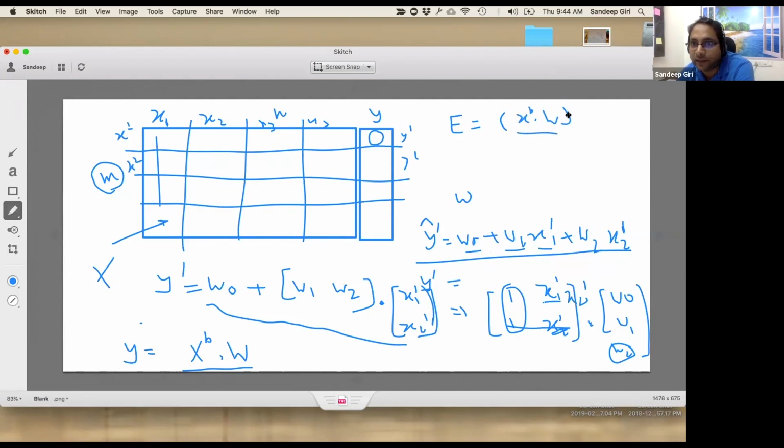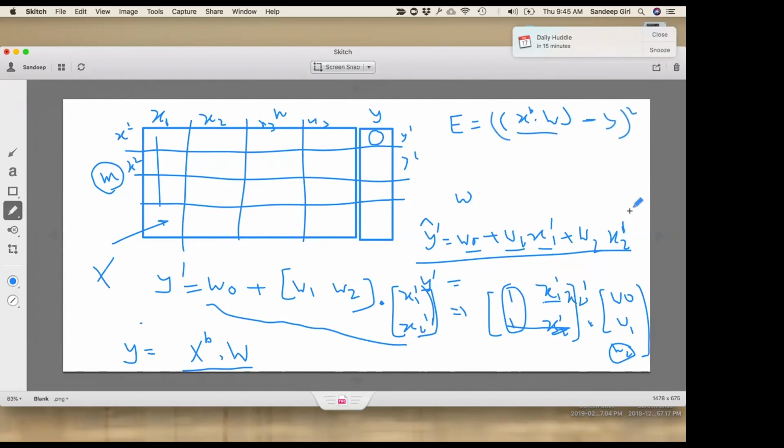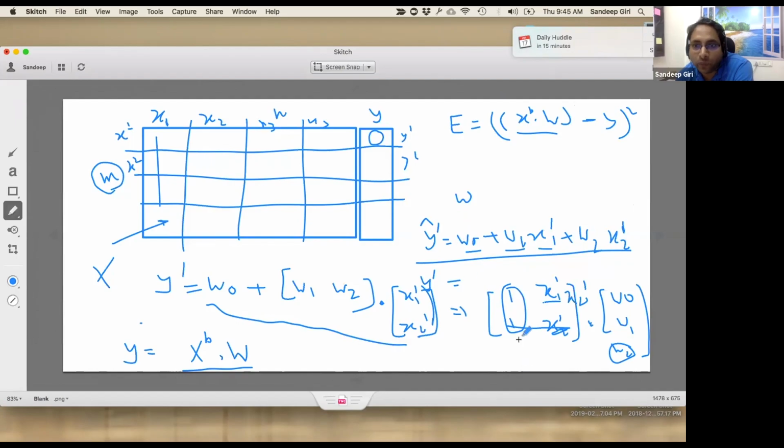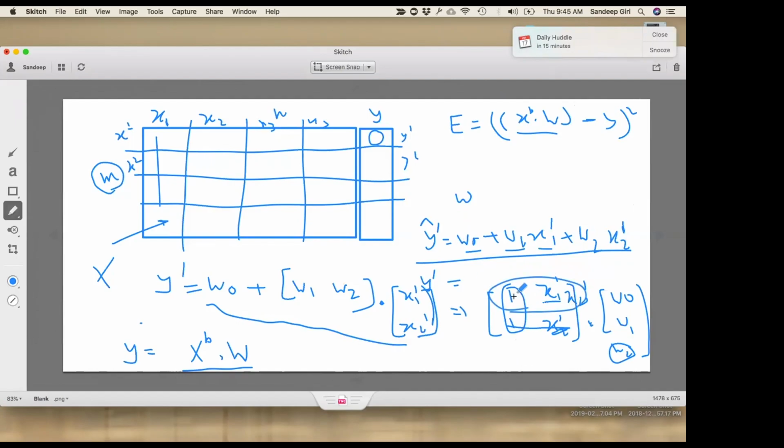This thing, I'm writing it like this, and subtracted by the actual value, whatever was there, and then we square it, correct? So when you say X with bias, what do you mean by bias? We added one more here. That's all. You add one more thing at the beginning. That's what you call bias.